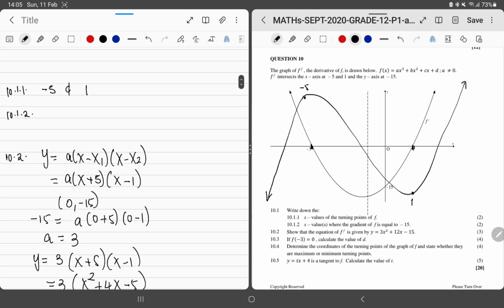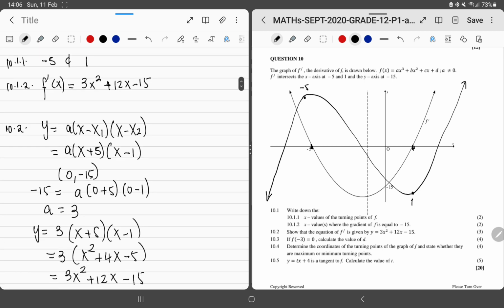Remember in question 10.1.2, they wanted the values of x where the gradient is equal to -15. f prime gives you the gradient of the graph. So this is 3x squared plus 12x minus 15.